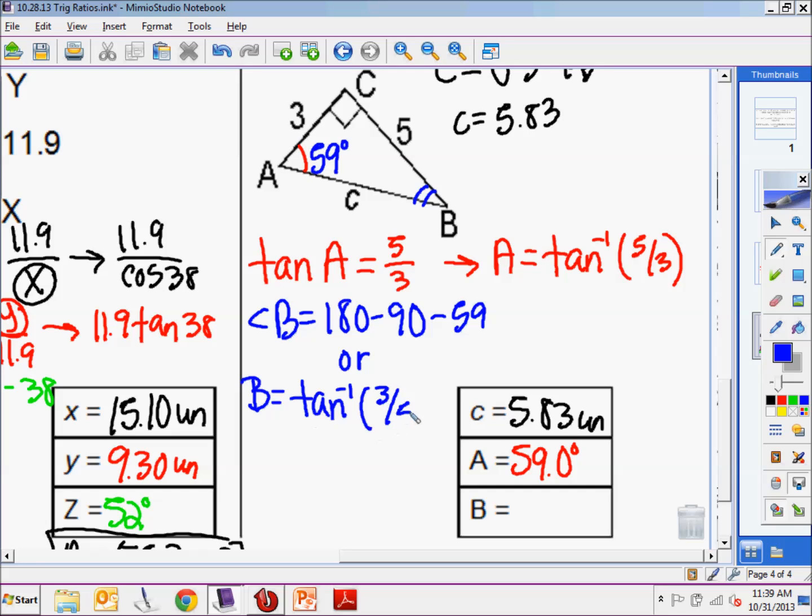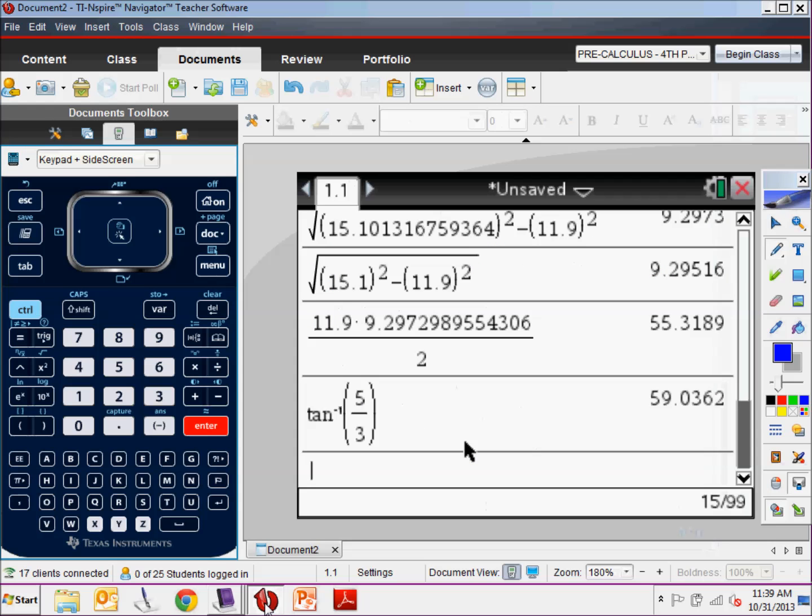Yeah, you can do that. Couldn't I just simply do that also? Yes. Because if I'm looking here, what's the relationship to the sides? Opposite and adjacent, which is tan. Okay, so either way, I can do either one, and I should get relatively the same answers.